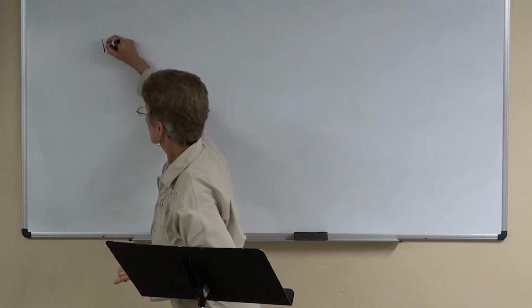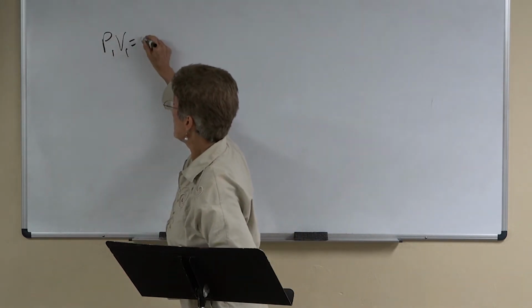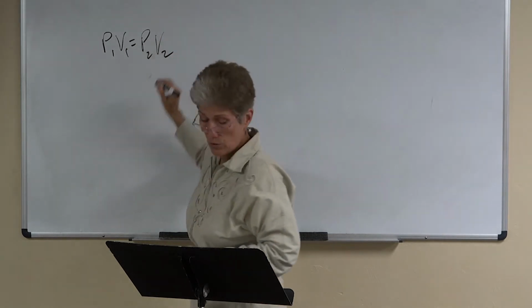Number 3, a balloon contains 149.6 mils of gas at a pressure of 567 torr. If the temperature doesn't change, what is the volume of the gas at a pressure of 981 torr? Well, here we use P1V1 equals P2V2.